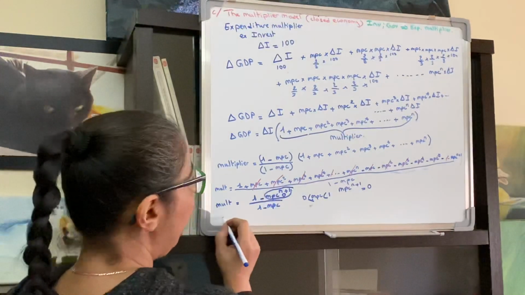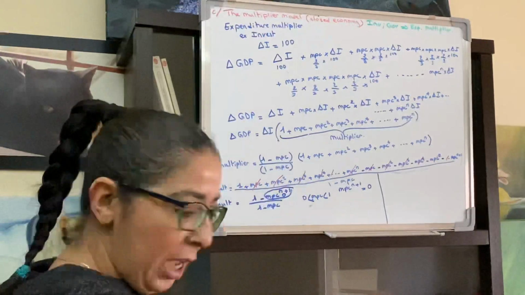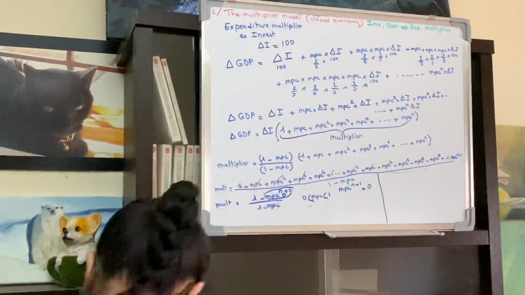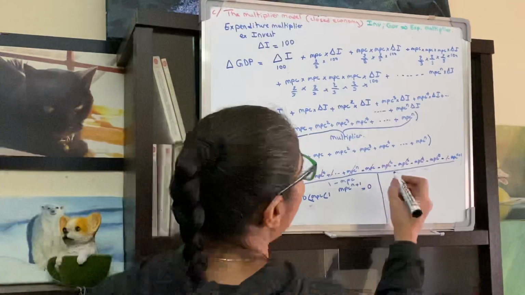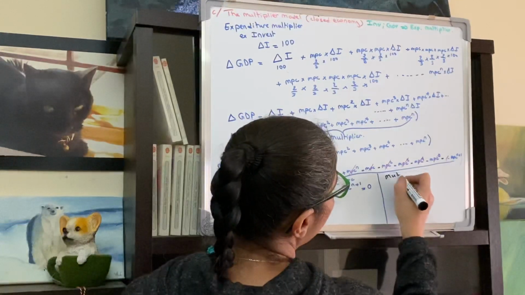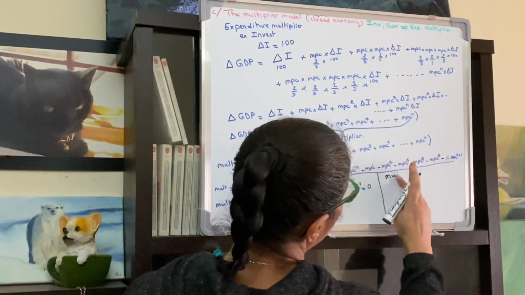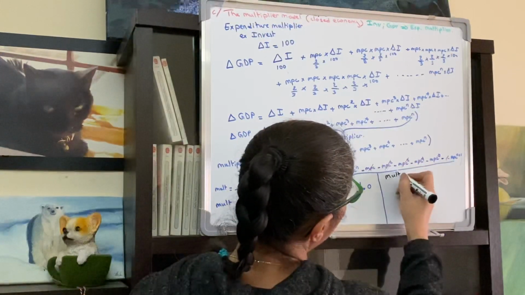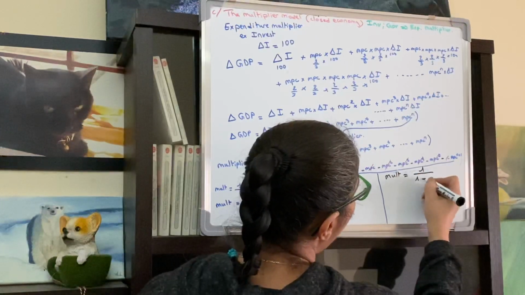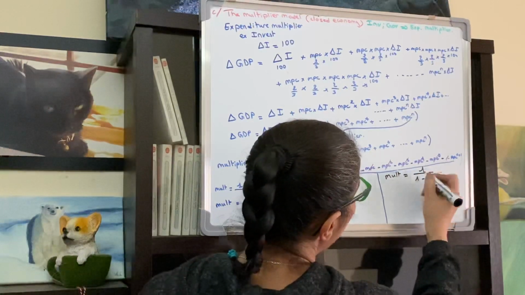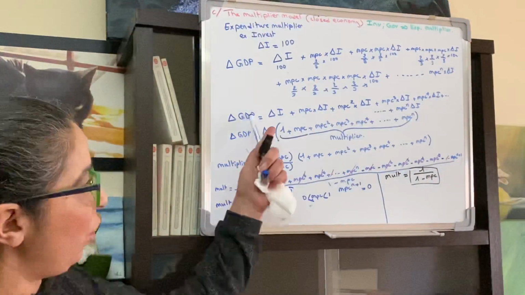So the multiplier becomes, I'm going to write it here, and I'm going to use another color, which is black. The multiplier is equal to 1 over 1 minus MPC, and that's your expenditure multiplier, according to what we have done here.